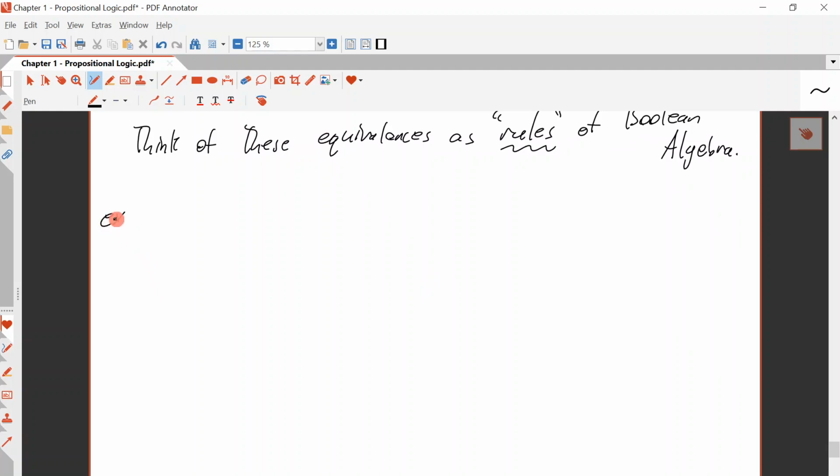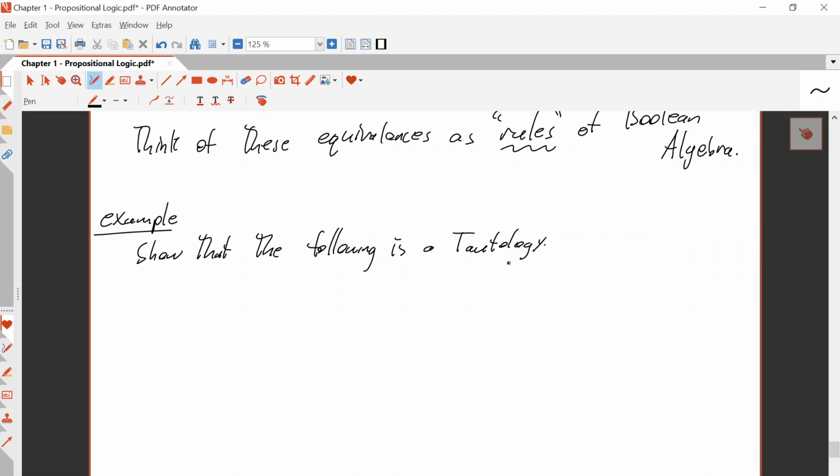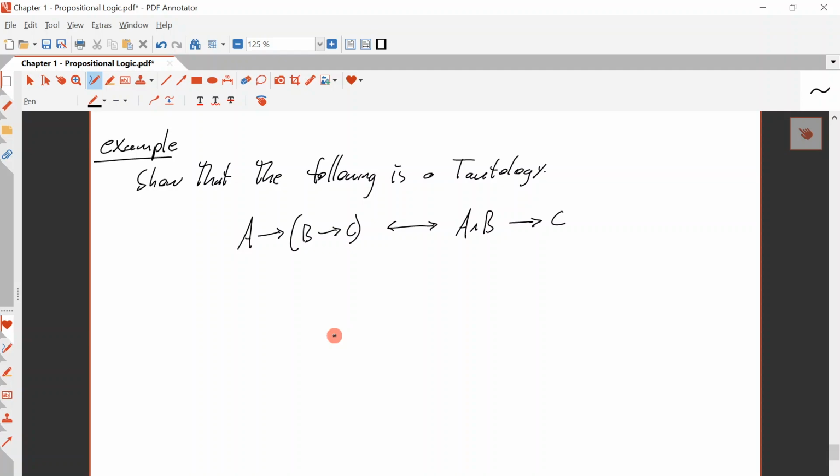So for example, show that the following is a tautology. A implies B implies C is logically equivalent to A and B implies C. Okay?